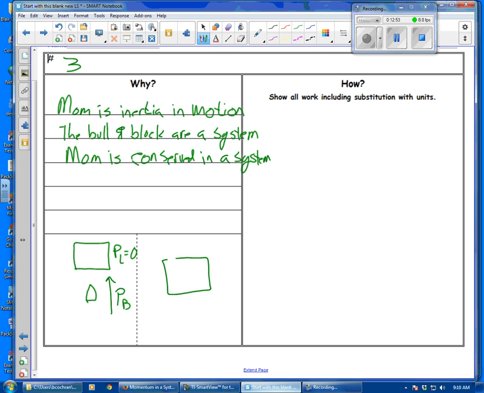Afterwards, I've got the bullet and block, my object, BL, and it's going to have a momentum in that same direction.